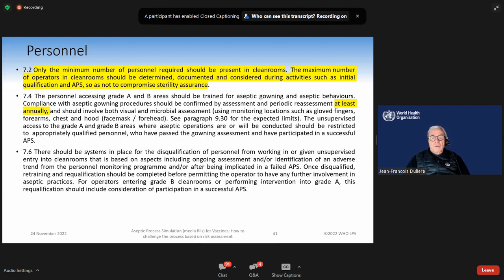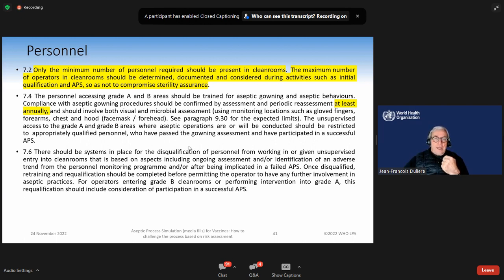That means that if people have been involved in a failed APS, or if looking at the trends, you consider that one team, one shift has more non-compliance than the others, you have to assess this team, check why they have lower results, and for that you can disqualify one or two members of the team.